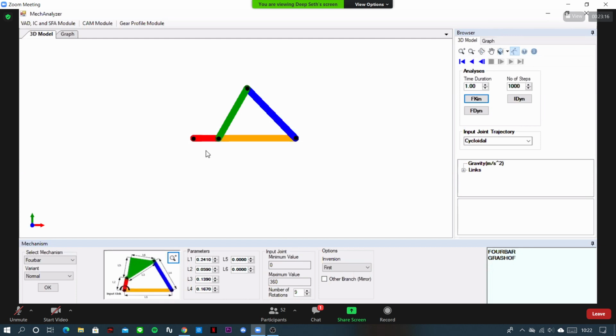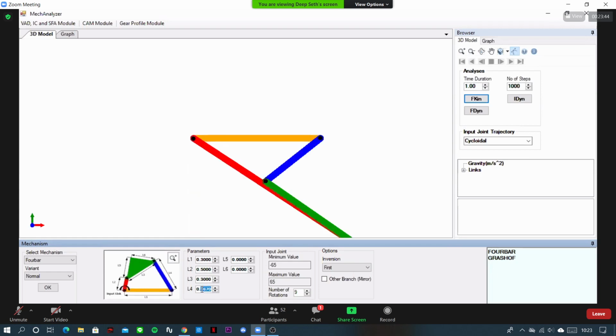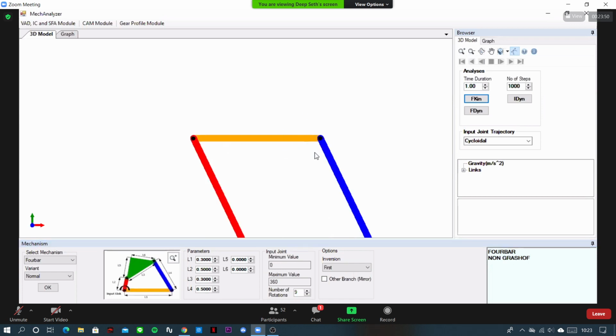So let's make 2 links of the same size. I'm making L1 as 0.3, L2 as 0.5, L3 as 0.3, and L4 as 0.5. So how will it move?